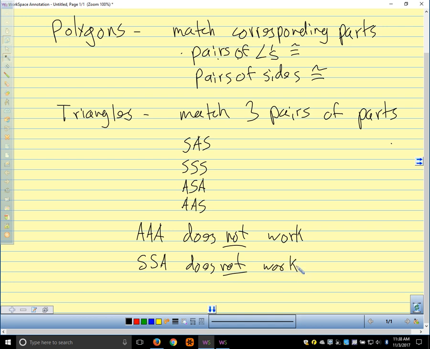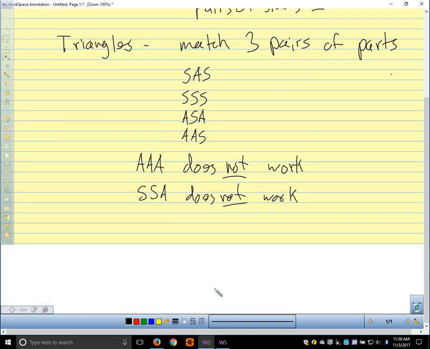We'll go into a little more detail about SSA when we talk about right triangles. But for now, one way to remember that SSA doesn't work is if you turn it around and write it the other way, you get something that you shouldn't say in math class. So SSA does not work. So these are two ways that we can match up 3 pairs of parts that don't work to show that the triangles are congruent. As much as we'd like them to, they don't work.